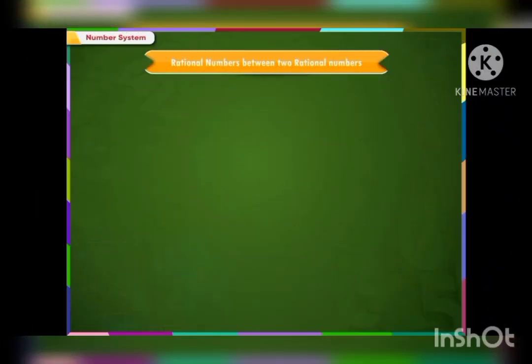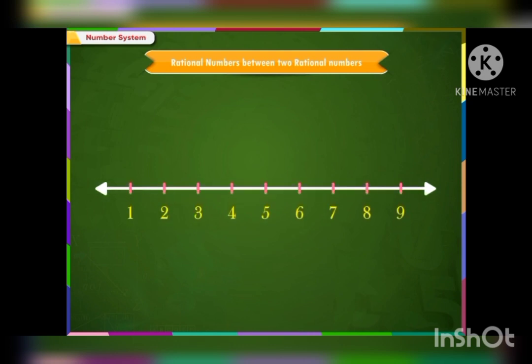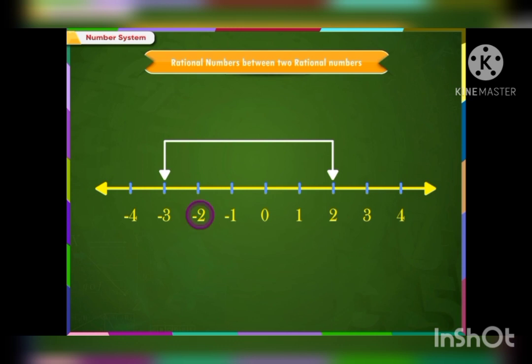Rational numbers between rational numbers. Let us try to list the natural numbers between 4 and 7. 5 and 6 are the only two natural numbers between 4 and 7. Now let us try to list the integers between minus 3 and 2. Minus 2, minus 1, 0 and 1 are the four integers between minus 3 and 2.